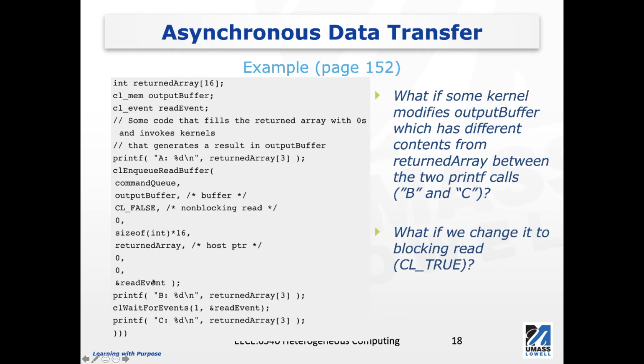And this API call generates a read event as the output. And after that, we have another two printfs. We have printf B and printf C, and between them, I have clWaitForEvents, and then we're going to wait for one event, that is the read event.